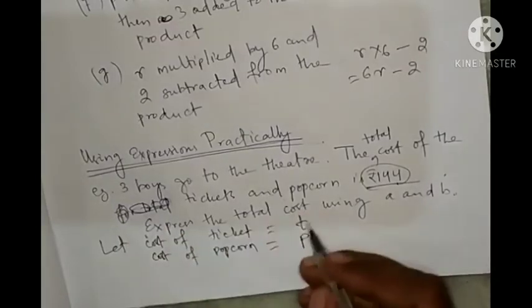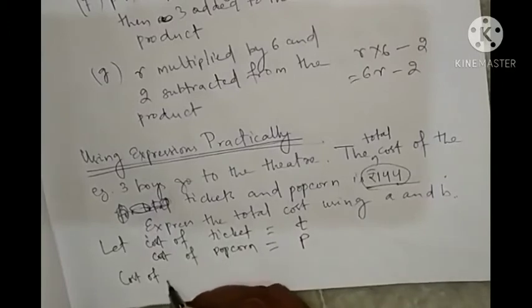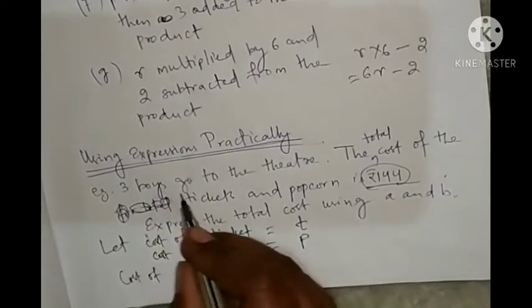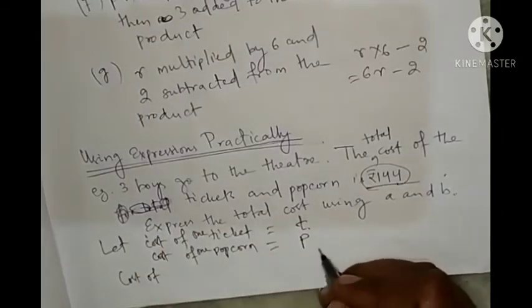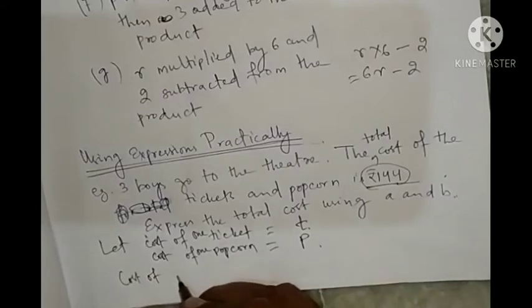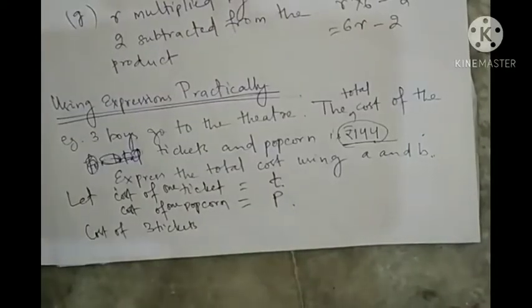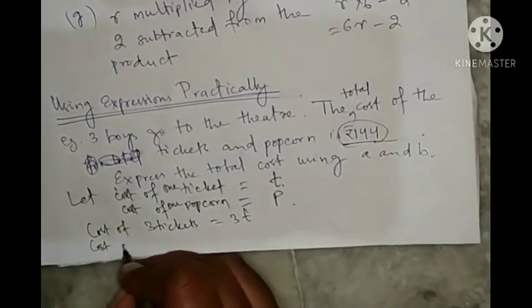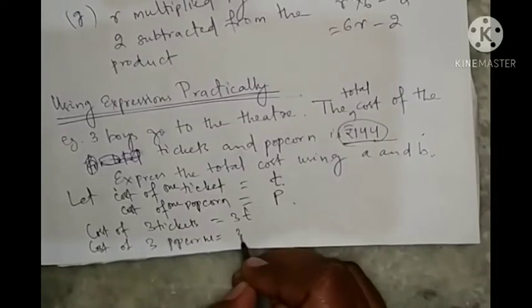So the cost of one ticket and cost of one popcorn. So 3 boys will use 3 tickets and 3 boys will use 3 popcorns. So cost of 3 tickets equal to 3t and cost of 3 popcorns equal to 3p.